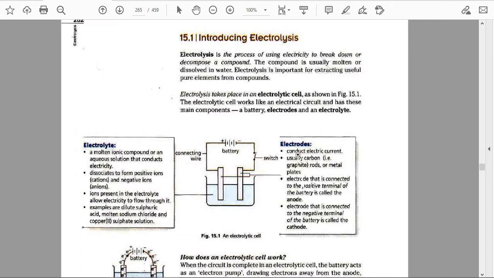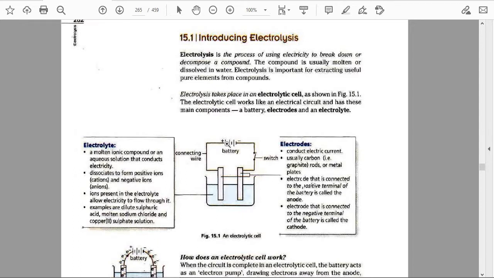How about electrodes? Electrodes conduct electric current. Electrodes are usually carbon, for example graphite, or metal plates. The electrode connected to the positive terminal of the battery is called the anode. This one is the anode, because this electrode is connected to the positive terminal.